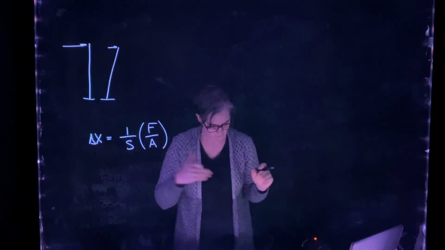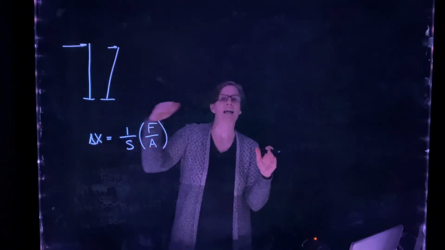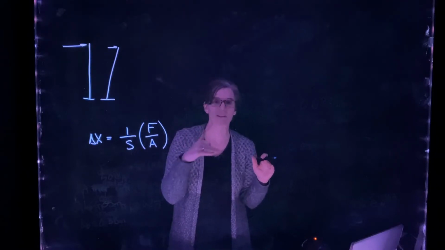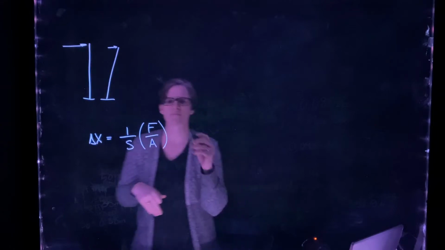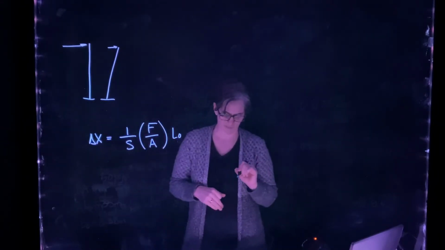Okay, so the force is acting perpendicular to the object, and it's along the same dimension. It's parallel to the area. So perpendicular to the object, parallel to the area, times the original length of that object.